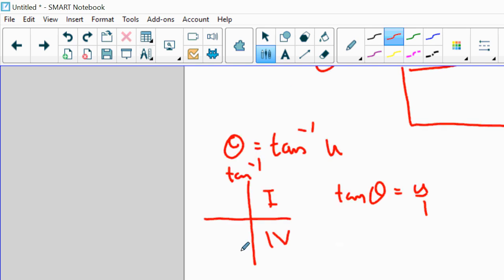Now, the bad thing is, I don't know where I am, because I don't know if u is positive or negative. So I could still be in any of the 4 quadrants. So I'm in the first or the fourth right now. So let's just pretend we're in the first.